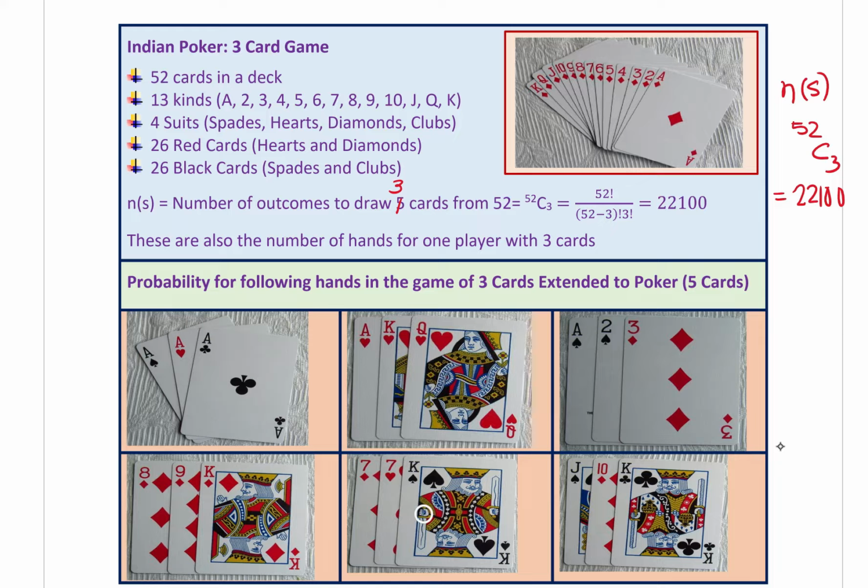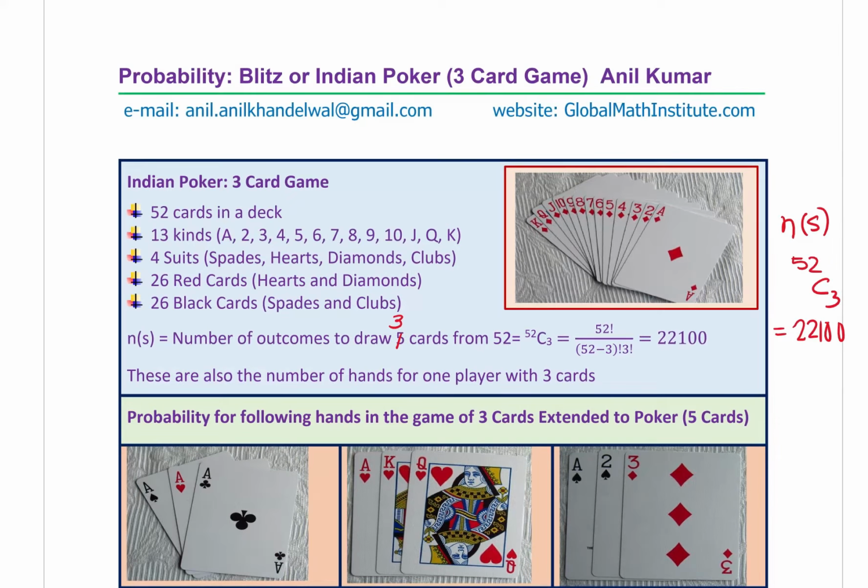This is fifth in the rank and it's called a pair. Then, if nothing of the above is there, then we just match with the highest card. In this case, the highest card is king. So that is of the lowest rank when you're distributed three cards, right? It's also treated as Indian poker, Teen Patti we call in Hindi, and it's a very popular game.